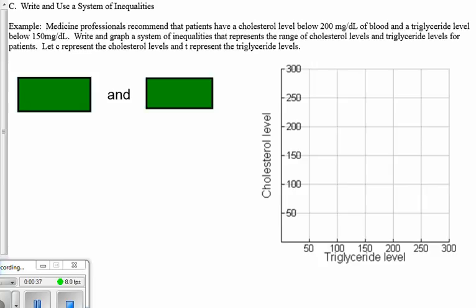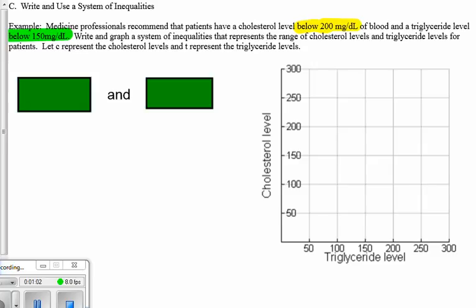Let C represent the cholesterol levels and T represent the triglyceride levels. Well, looking at our information that was given, we need our cholesterol to be below 200 milligrams, and we want our triglyceride to be below 150 milligrams.